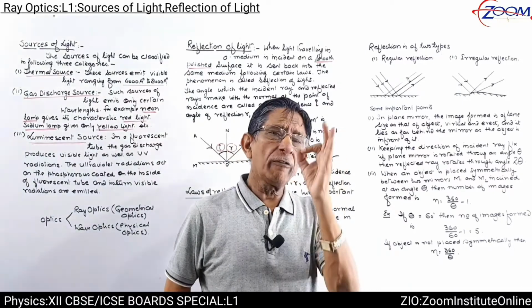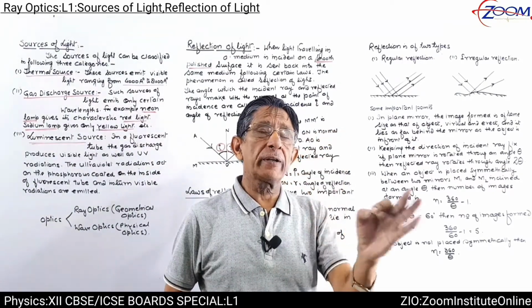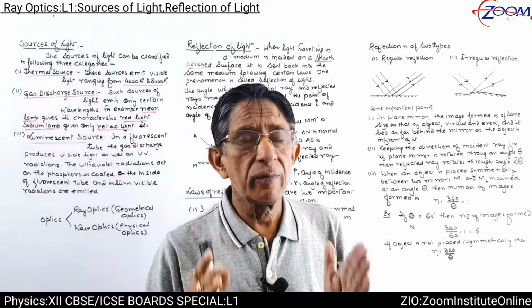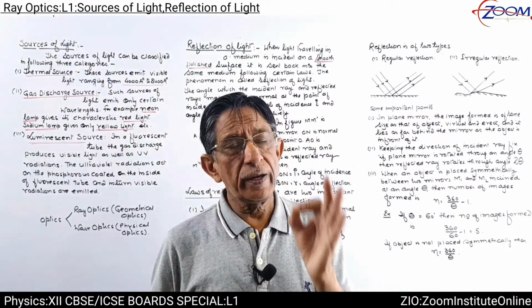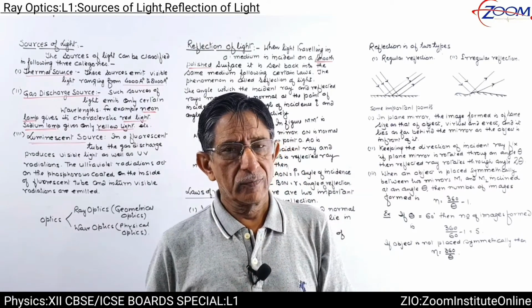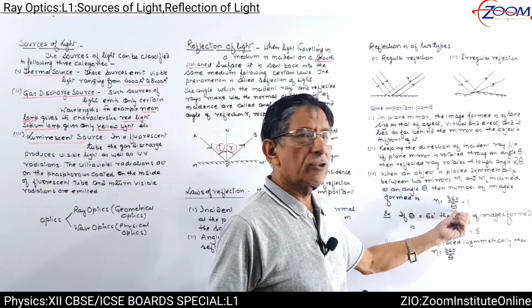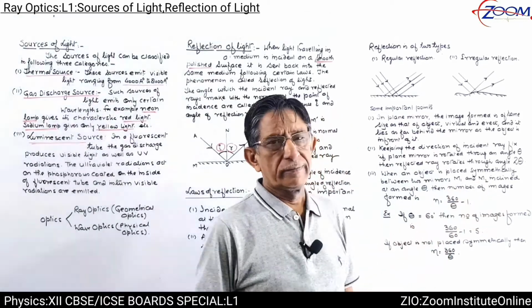What is the meaning of object placed symmetrically? Its meaning is that the object is placed on the angle bisector. Then the number of images formed is equal to what? 360 upon theta minus 1.